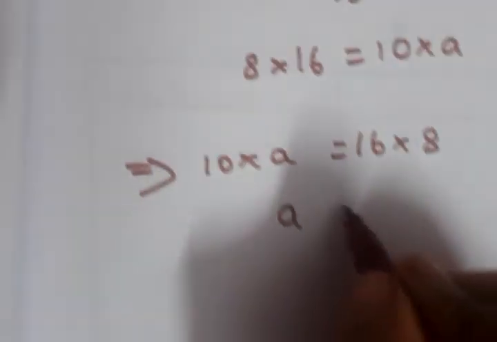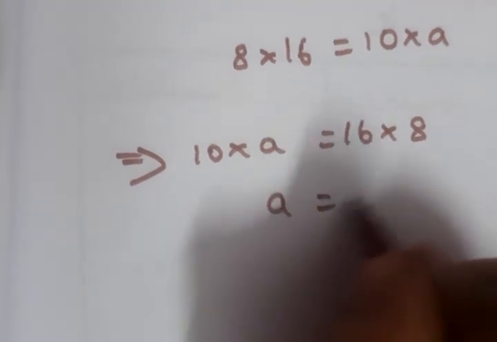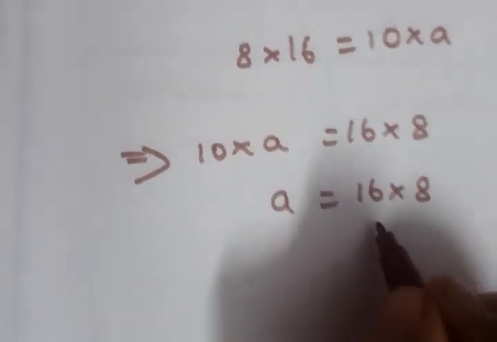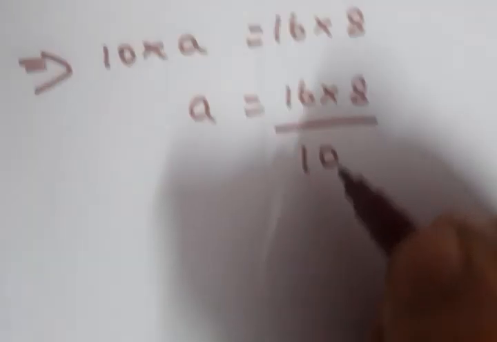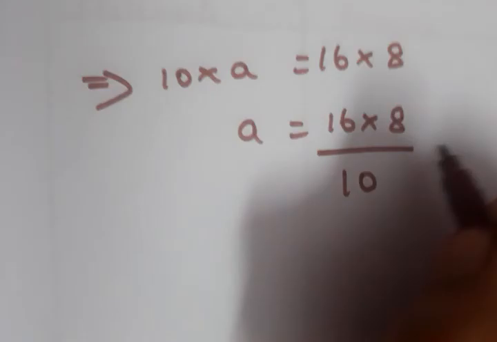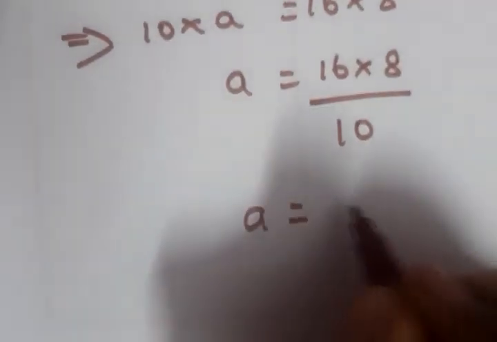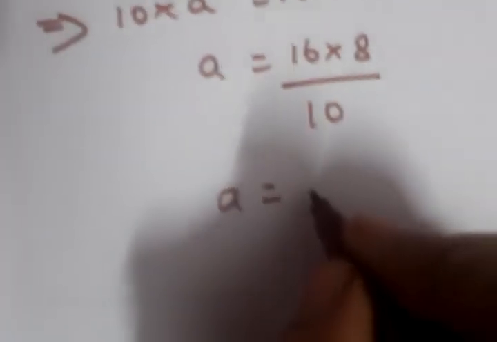Multiply by 10, transpose to division: 16 into 8 divided by 10. A is equal to, 16 eights are 128, divided by 10.